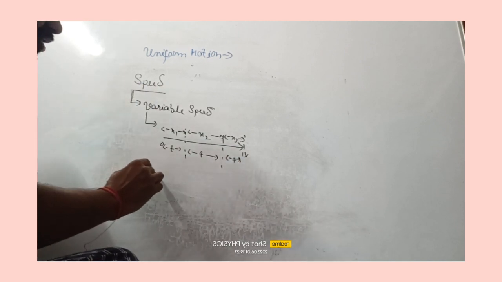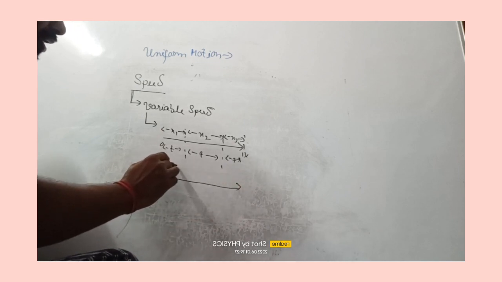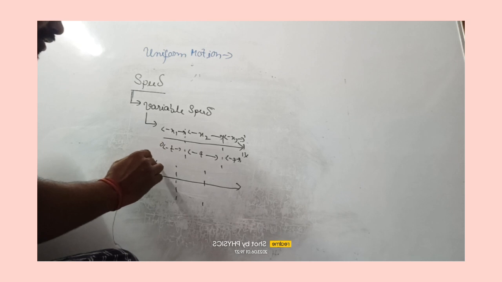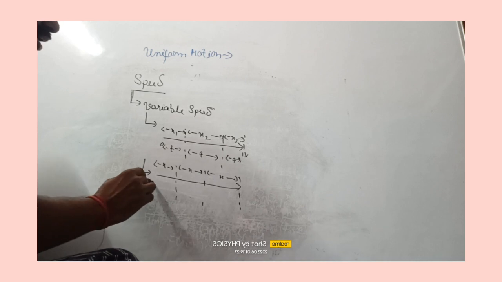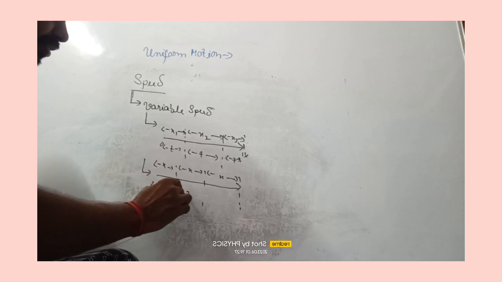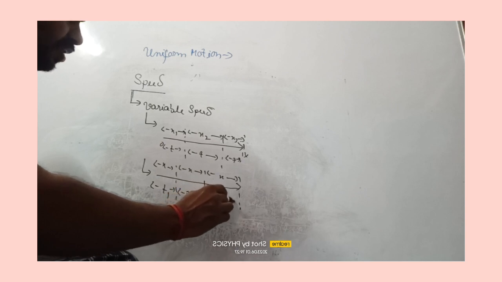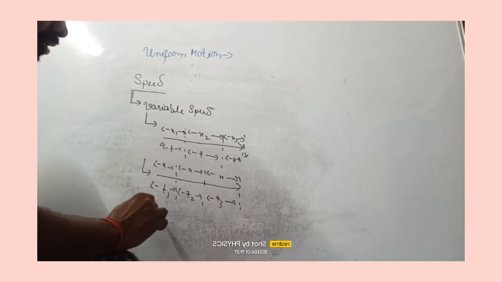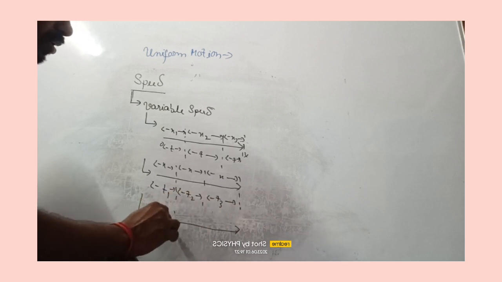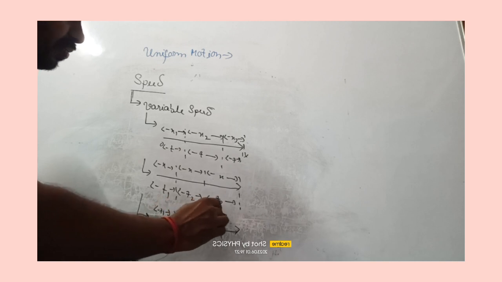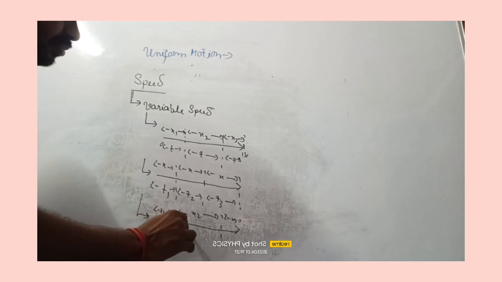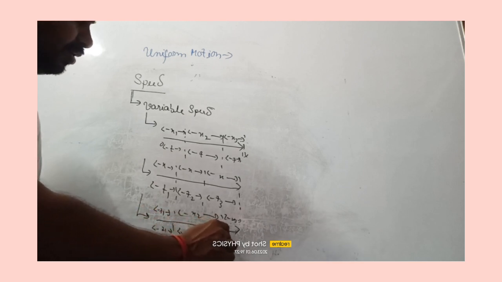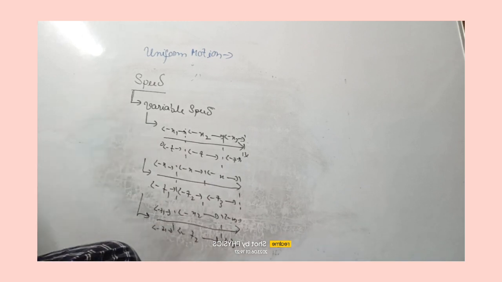Or equal distances, that is x, x and x, in unequal time intervals t1, t2 and t3. Or it may be unequal distances in unequal time intervals. That is the concept.